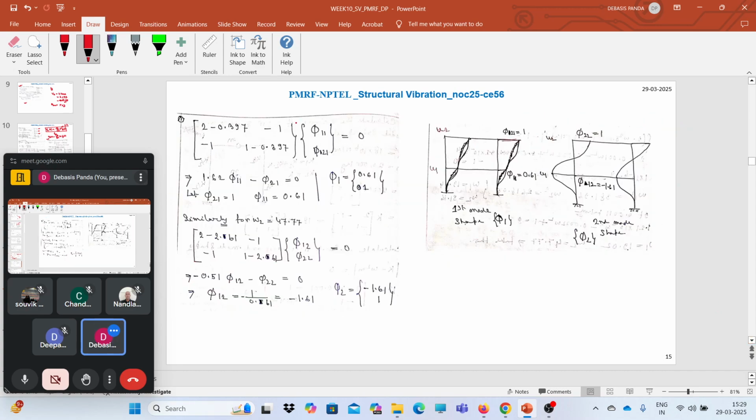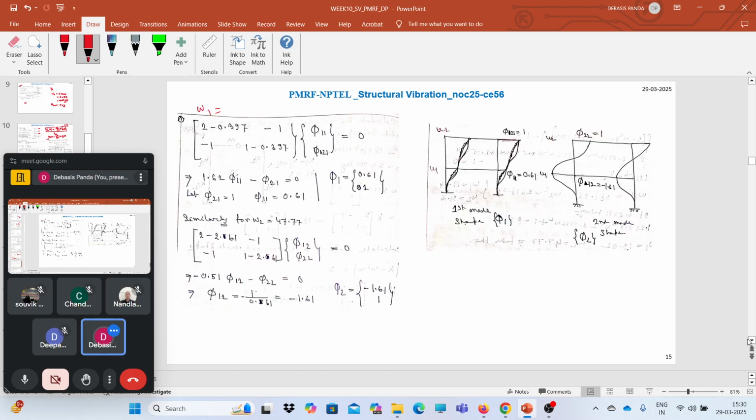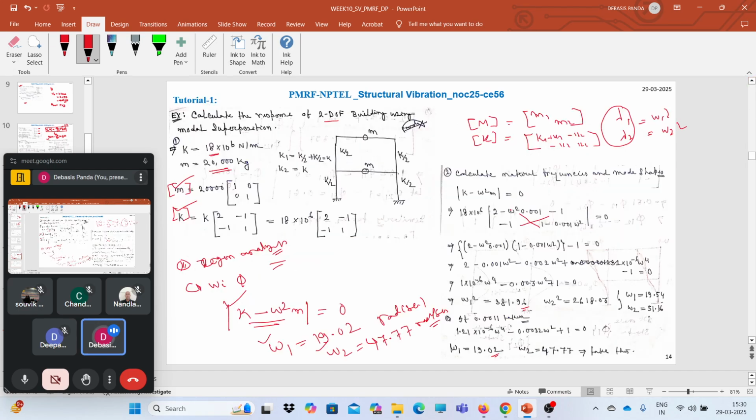First, for omega 1 equals 19.02, we can directly use the omega 1 square value. In this equation, instead of omega square, first you need to use omega 1 square, and then in the second equation you need to use omega 2 square.